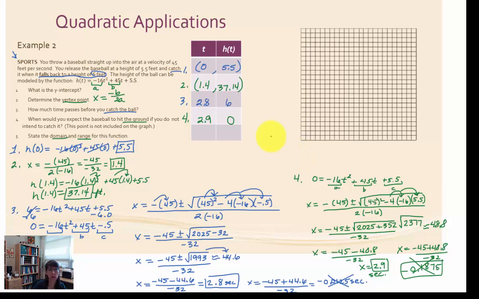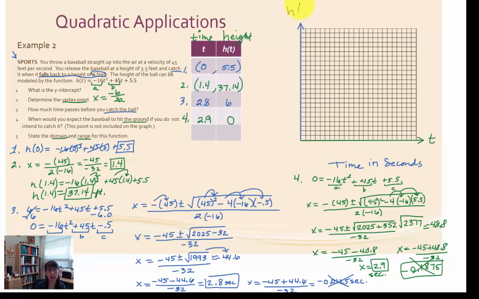So we're ready to plot our ordered pairs, think about how to label and title the axes, come up with appropriate scales. Our input values, t is time in seconds, and only positive numbers or 0 would make sense for time. The output is height in feet, and only positive numbers or 0 also makes sense for that. So we're just going to use the edges of our graph. So we have t for time in seconds, and our other axis would be along this edge.